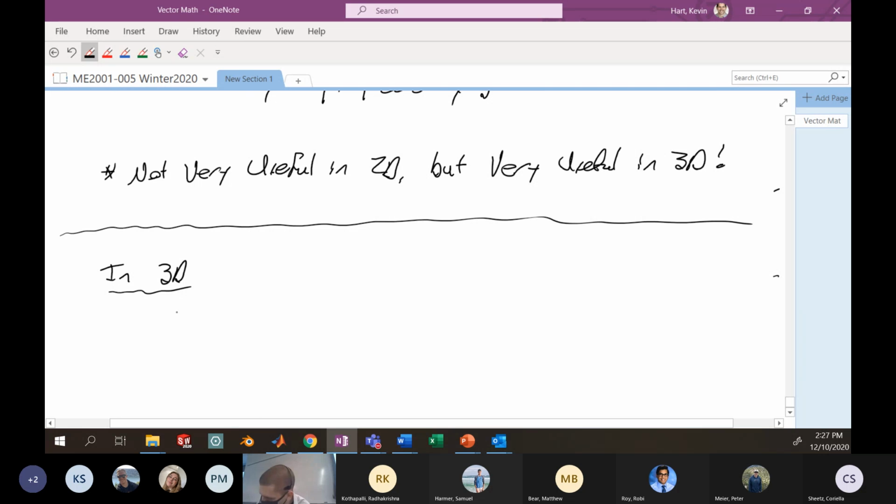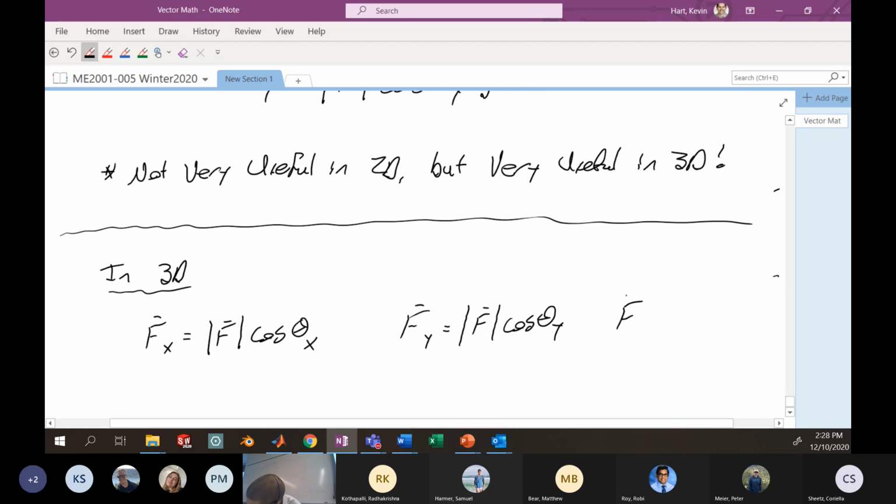The component of the force in the x direction is just the magnitude of that force multiplied by the cosine of the angle between that force and the x-axis. Same thing in y, and same thing in z. I keep forgetting to put my unit vectors on. You guys should yell at me if I forget my unit vectors.